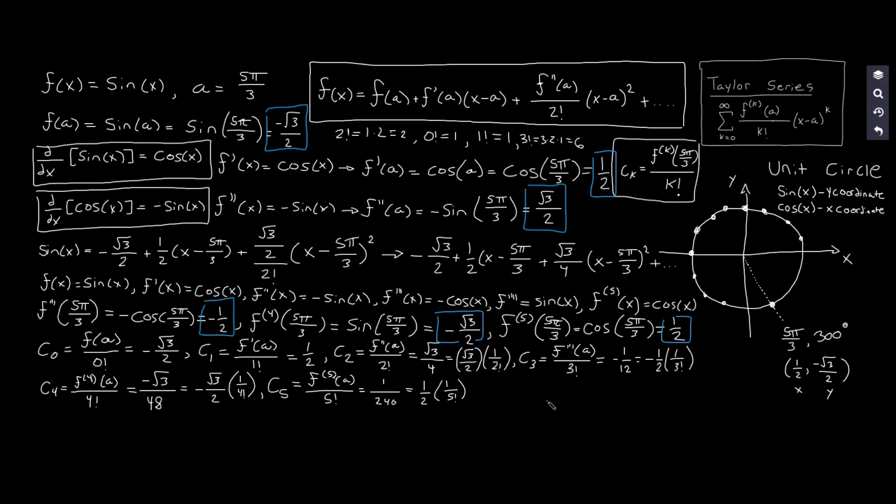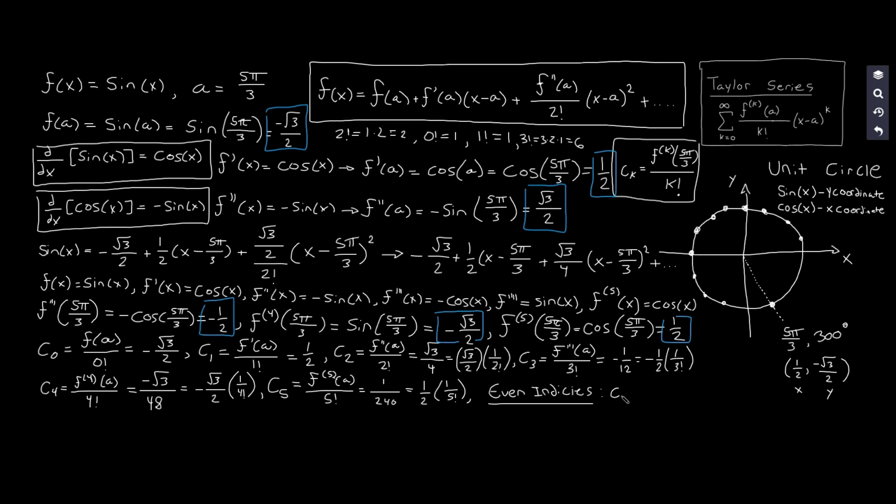So when we look at the c sub k's, let's investigate the even indices. What's going on with our even indices? They start at c sub 0. So we've got c sub 0, c sub 2, c sub 4, and those will be our even indices.